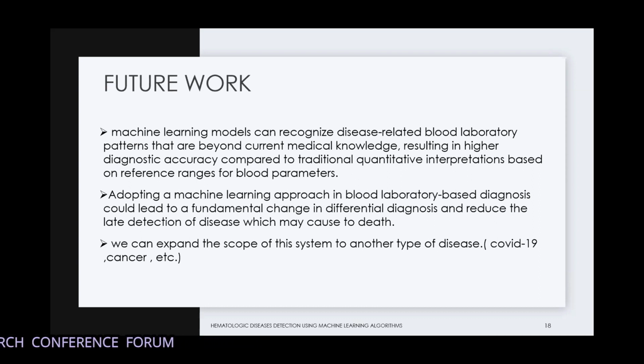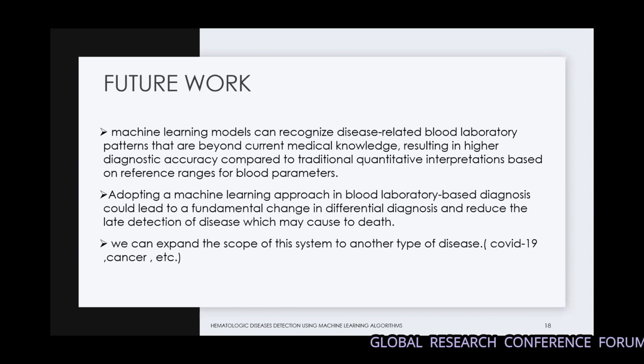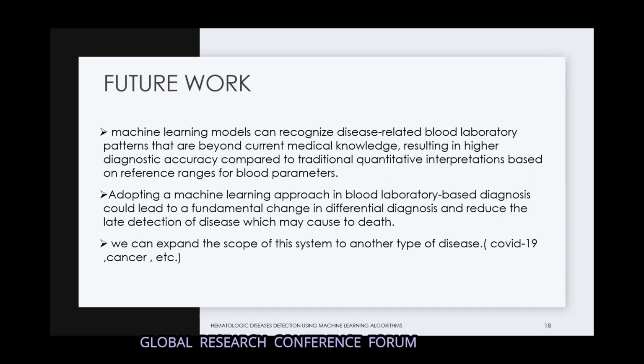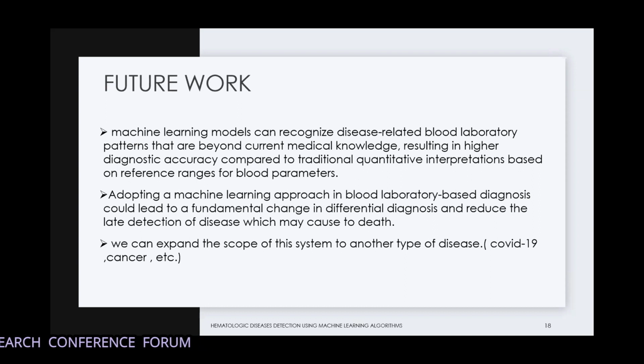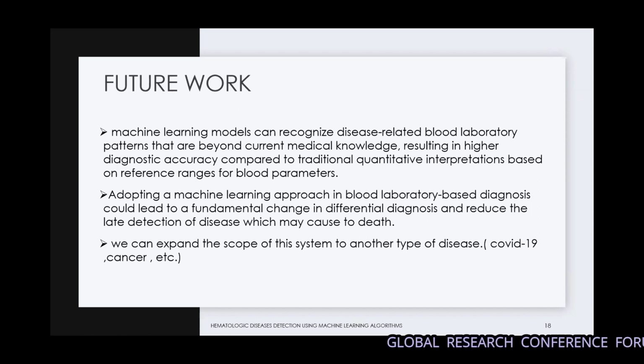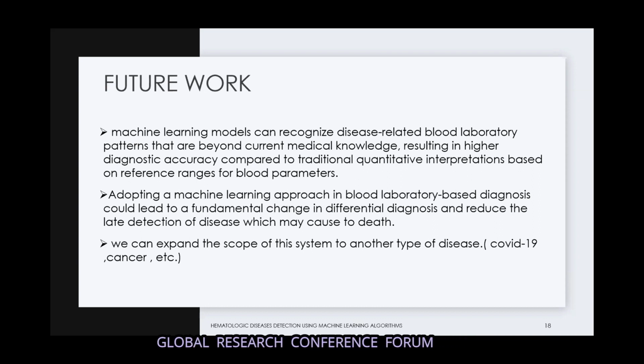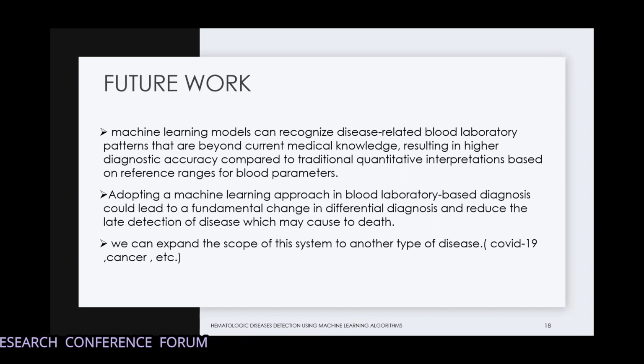Adopting this approach in blood laboratory based diagnosis could lead to fundamental changes in differential diagnosis and reduce the late detection of disease, which may sometimes cause death. We can also expand the scope of this system to other types of diseases as well.